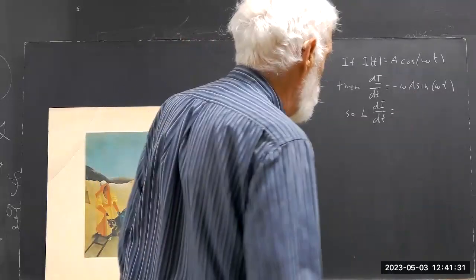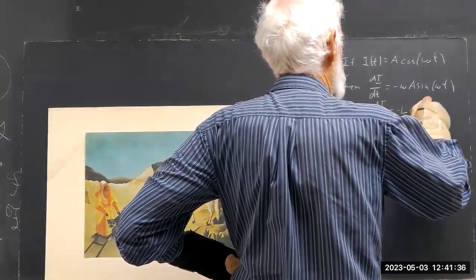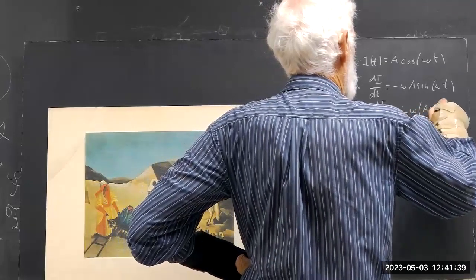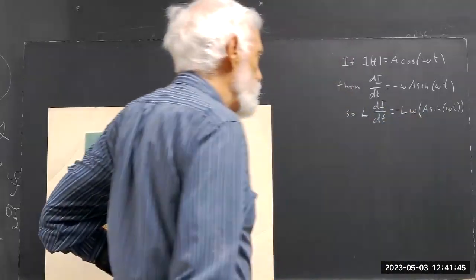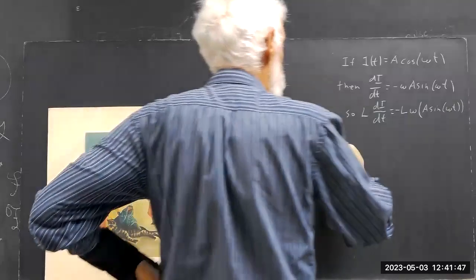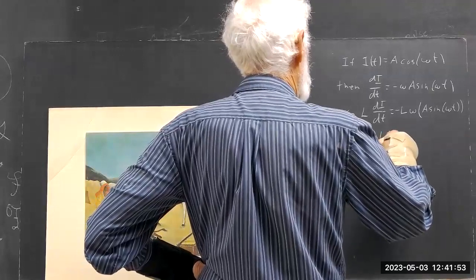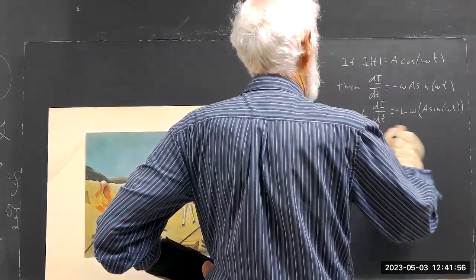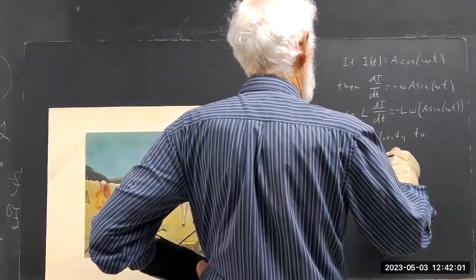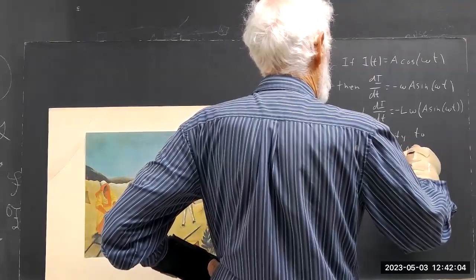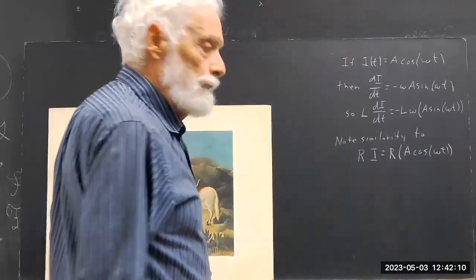The dI/dt is negative omega I cosine omega t, so L dI/dt is negative L omega times I sine omega t. Now, this is similar to this.